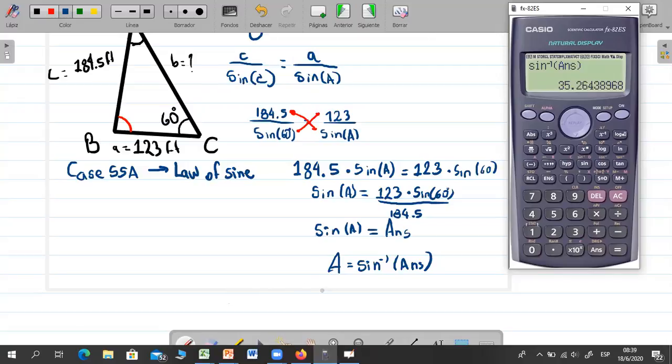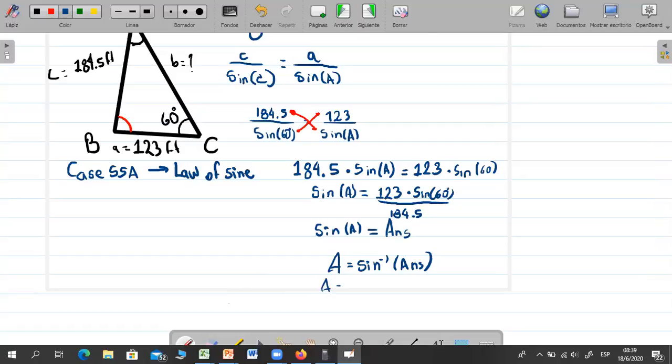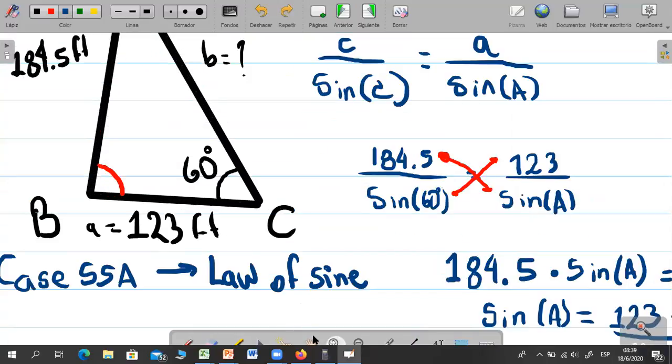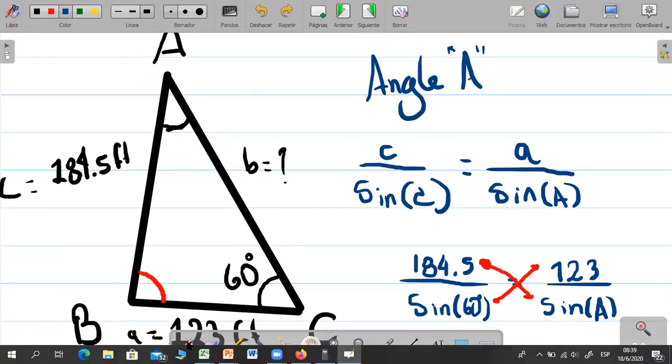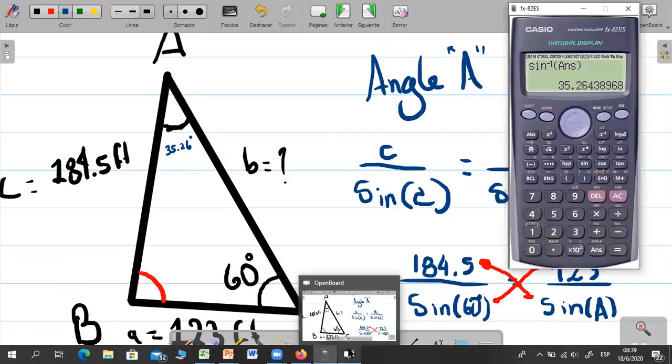So angle A is 35.26 degrees. We already know the angle A, which is 35.26. I'm going to feed the information in here. I'm going to zoom in to feed the information better. 35.26, like you said. So this is the information we have.